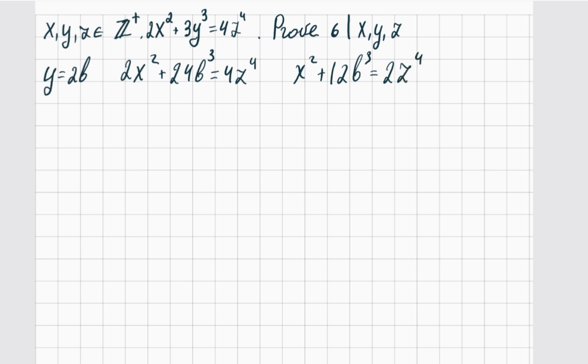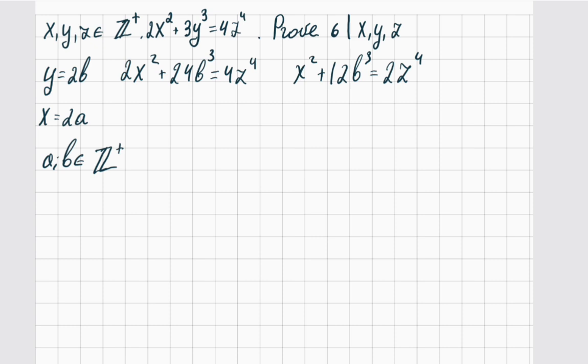Again, in the same way that we found y is even, we see that x should be an even number as well. So let's say x is 2 times a. By the way, here a and b are positive integers to be exact.